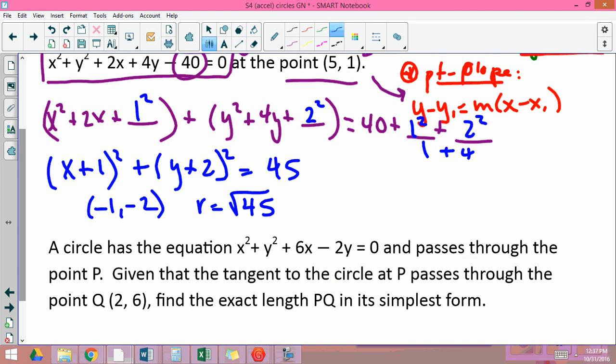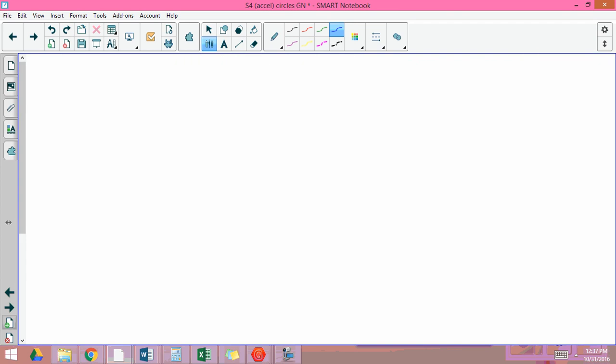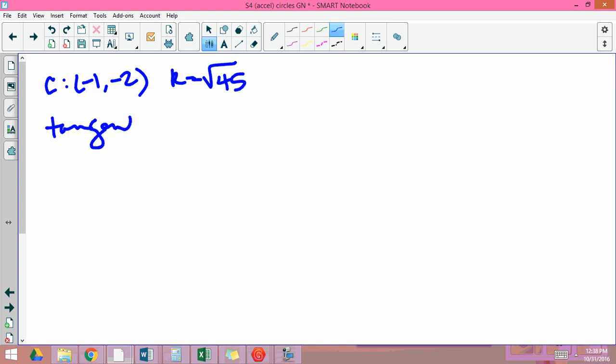So I'm going to jump over to some clean space because we're going to need a little bit more room to do this problem. So again, our center is at -1, -2. My radius is equal to the square root of 45, and we're tangent at the point 5, 1.